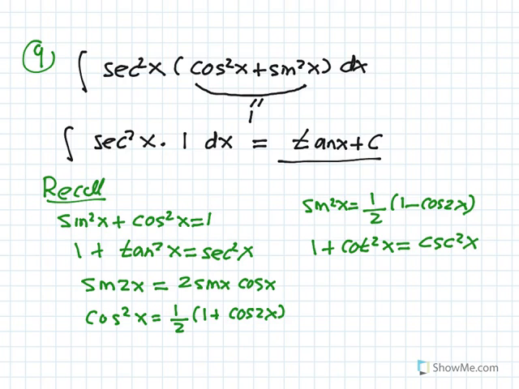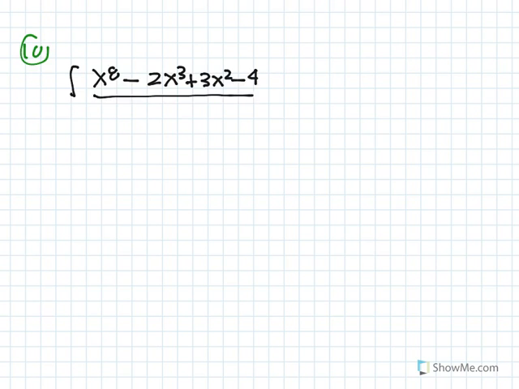All right, let's look at number 10. Here we have integral of x to the 8 minus 2x cubed plus 3x squared minus 4, divided by x cubed. This may seem like a tough integral, but it actually is not, because we can just divide this through using a property of algebra.